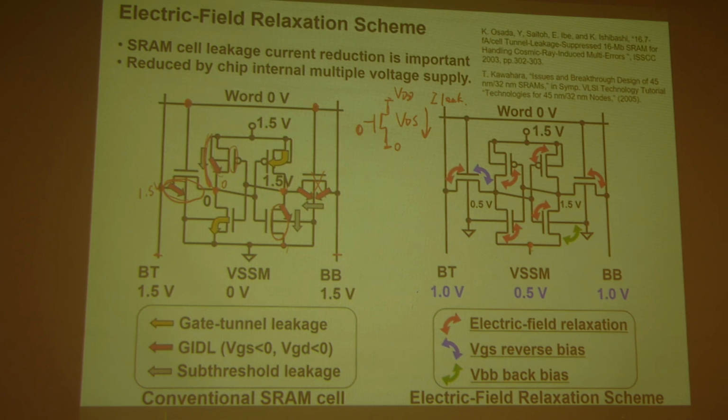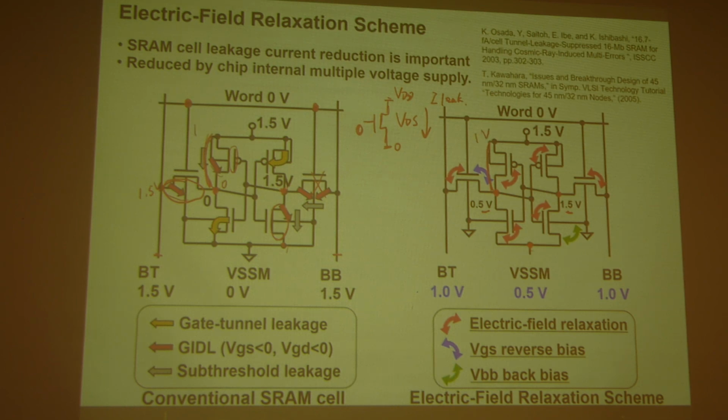And if you do that, then you can look at the bias condition. So then this node 0 will not be 0. I mean, the data 0 actually will be 0.5 volts here. And data 1 is still 1.5 volts. If you look at the VDS, like this cell will become 1 volt.